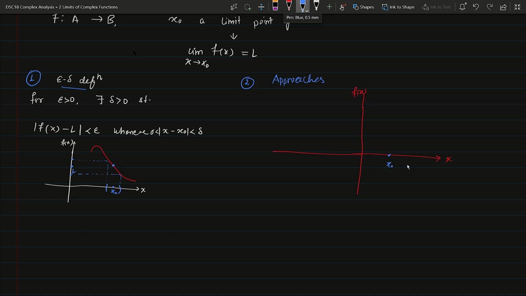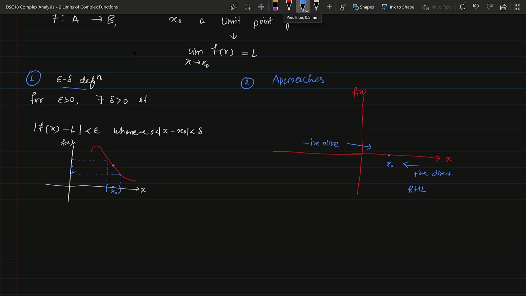If we are coming from the right hand side of x naught, then we will say we are coming from the positive direction. When we are approaching x naught from the positive direction, whatever the value of the limit is, it is known as the right hand limit. And when we approach this x naught from the left hand side, we will say we are approaching from the negative direction.